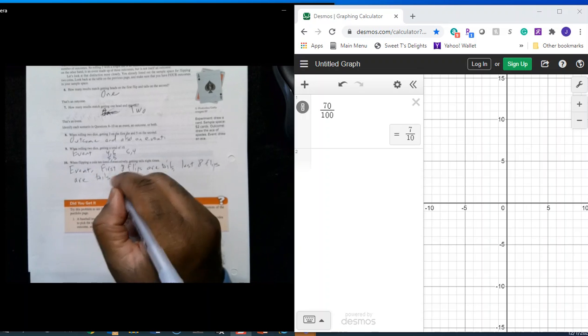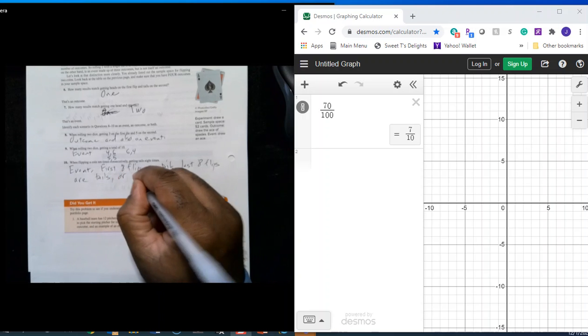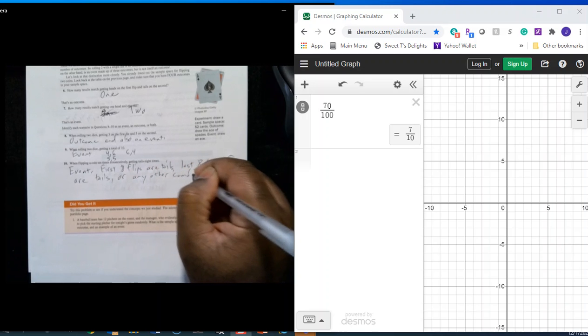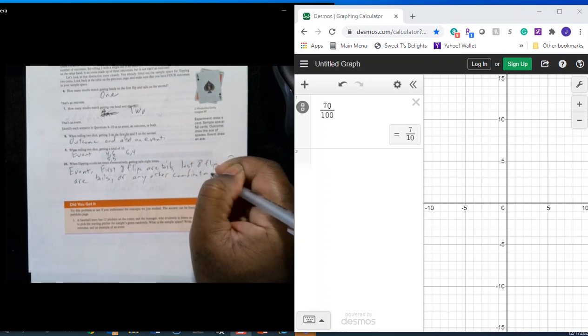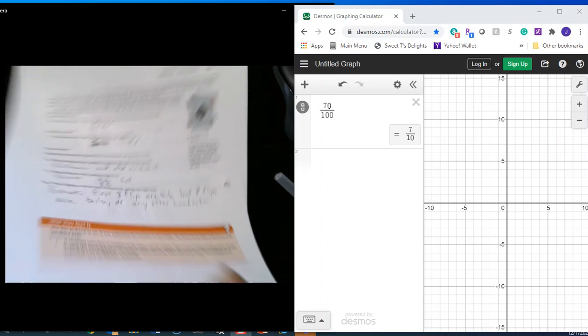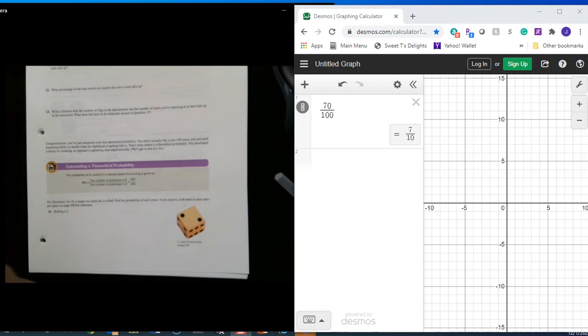And any other combination you could do to get 8 tails, because they didn't say that you had to get 8 tails in a row. So you could have gotten tails the first 2 and then the last 6 and so on. So okay. Now we move on to the next page.